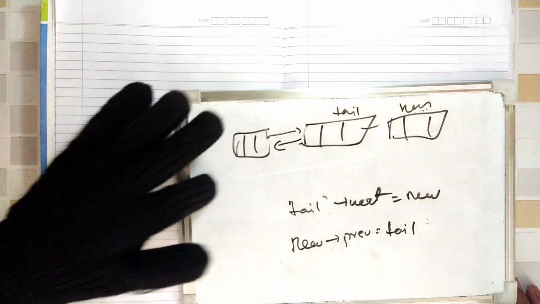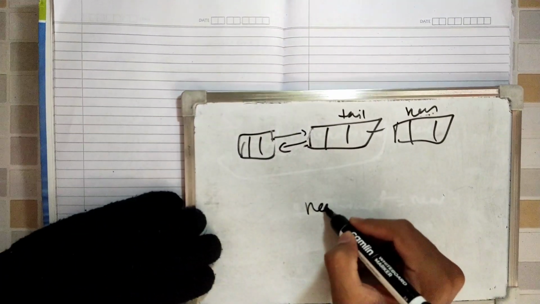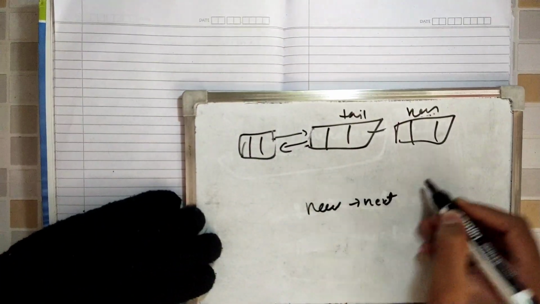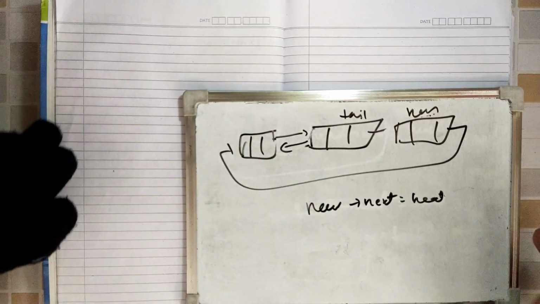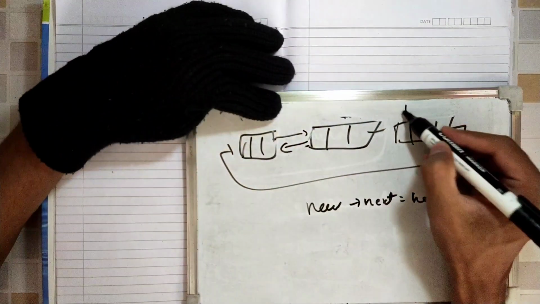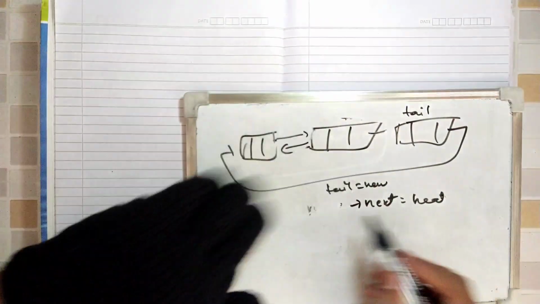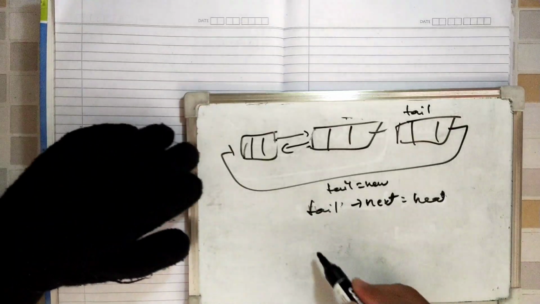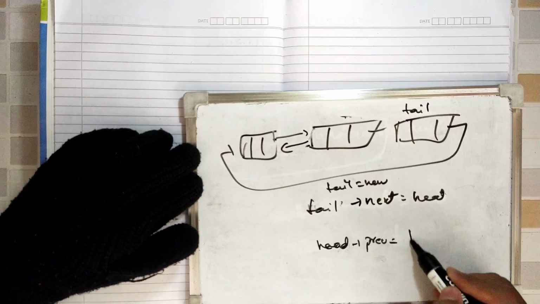And after adding, new of next is equals to head. Suppose we provided the connection, tail equals to new, so my tail will be here. Then tail of next is head, head of prev is equals to tail. That is how you provide connections: deletion over, insertion over, from both the ends.